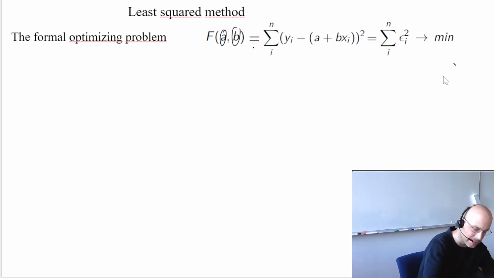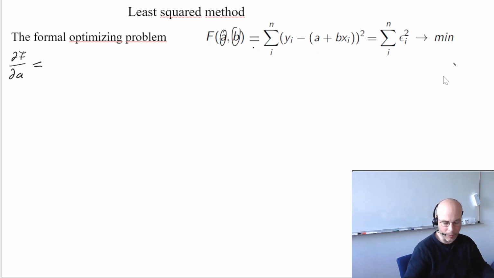So let's start. df with respect to the parameter a. Where do we find a? In here. But we also have the square at this point.